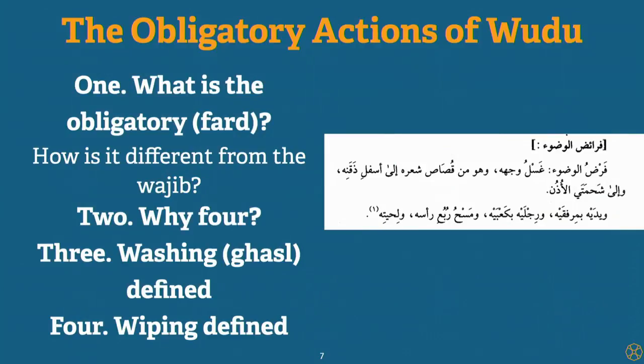So ghusl is إسالة الماء مع التقاطر, is for water to flow, to make water flow over the area with dripping. With dripping. Such that unless you left it and just kept rubbing so that no dripping could actually happen, right? But that there would be dripping.